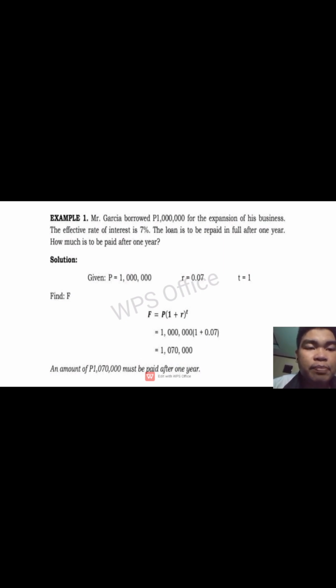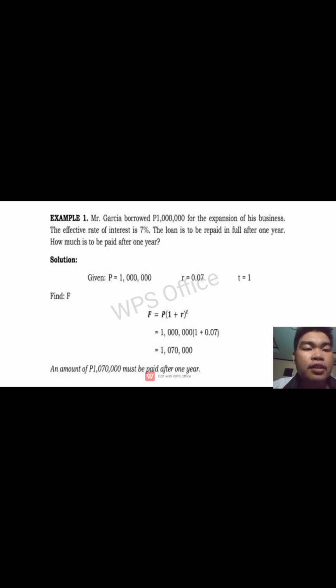F equals P times (1 plus r) to the power of t. In order to do that, we must first translate the given to the solution. P is the principal, so our principal is 1 million. R, or our rate in percentage, is 0.07, so replace r with 0.07.